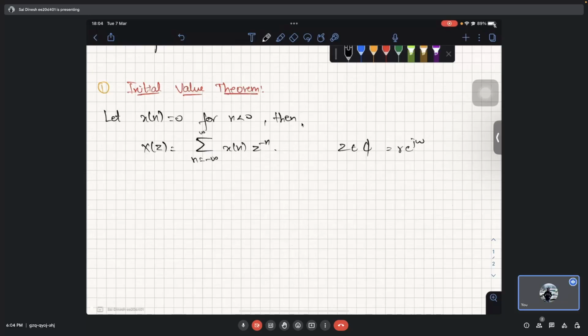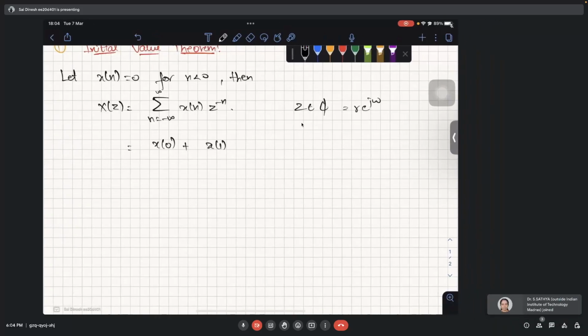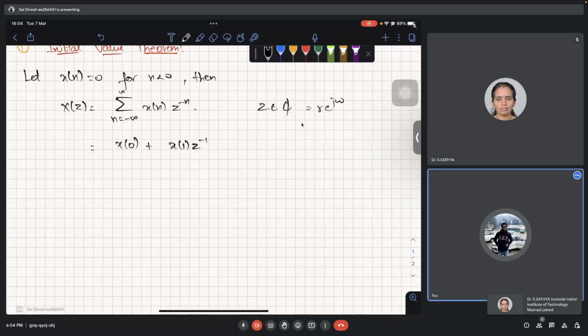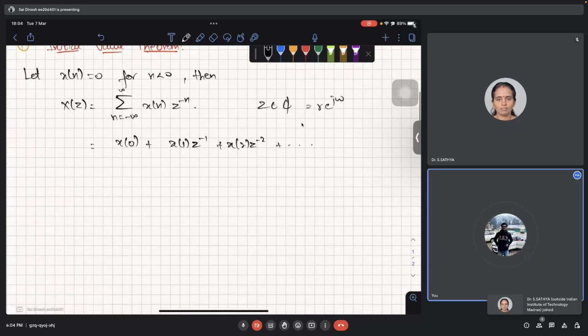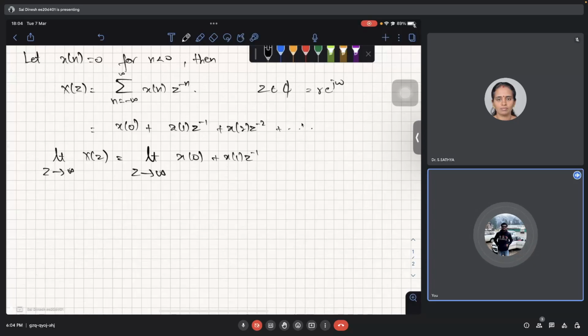Can be written as e to the j omega. So this is x of 0, x of 1 z to the minus 1, x of 2 z to the minus 2, and so on. So if we take the limit, limit z tends to infinity of X of z is equal to limit z tends to infinity of x of 0 plus x of 1 z to the minus 1, x of 2 z to the minus 2, and so on.